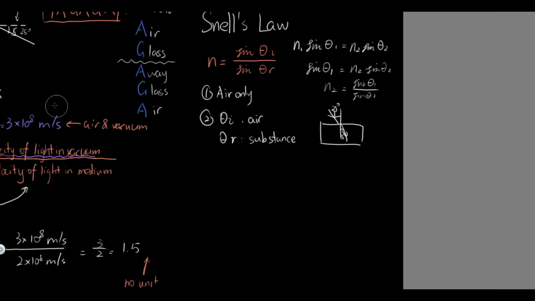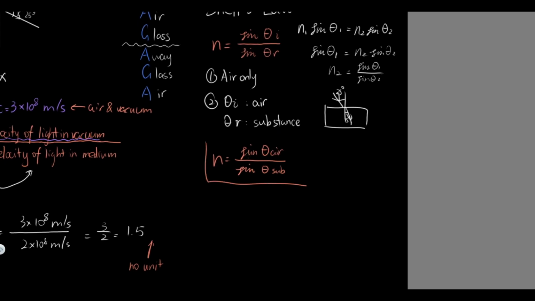A preferable version of this formula, which I prefer, is n equals sine theta air over sine theta substance. Even if they give you the substance and don't mention air, you still know that air is going to be on top. It's pretty useful for solving this kind of problem. This is the equation that I recommend you to remember.